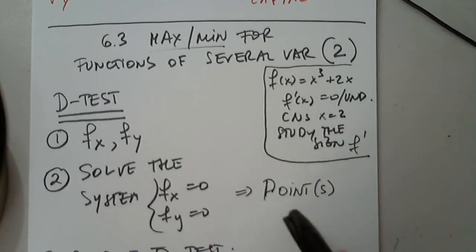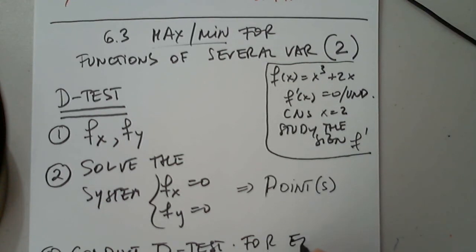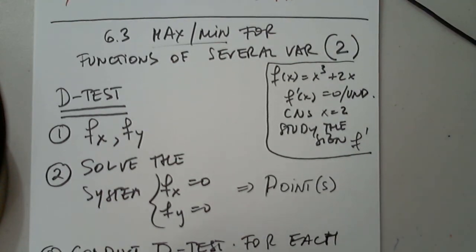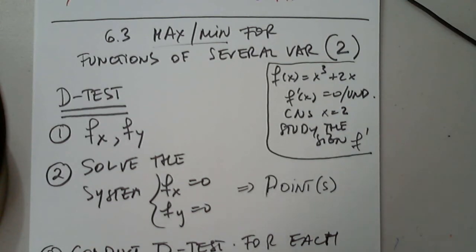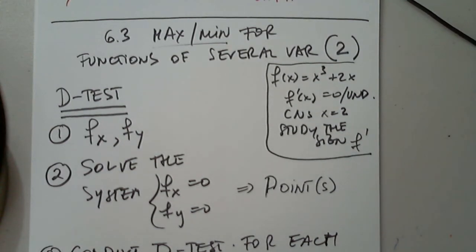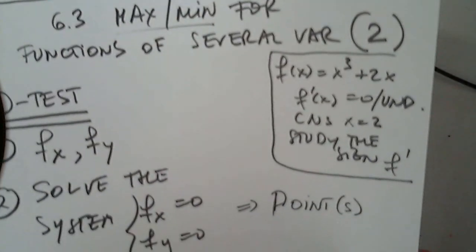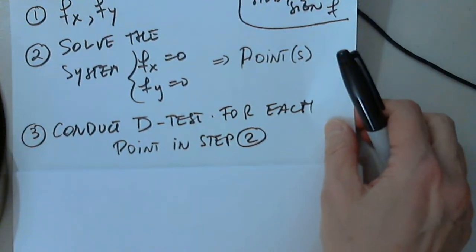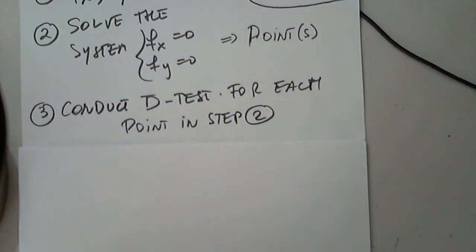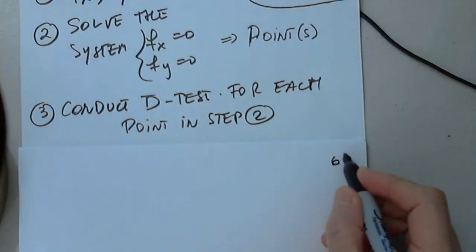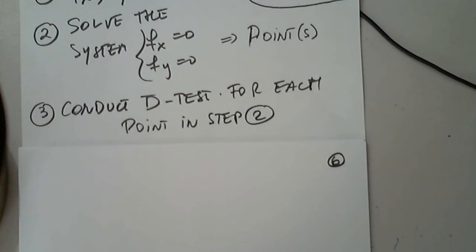And then for each point found in step 2, we conduct the test. And then we will conclude max, min, or none of the above. Or the test is not applicable, which is possible. Okay, so let's start with an example and work our way through and see how the d-test works and how we find max, min.